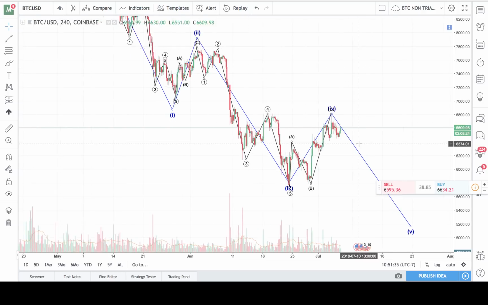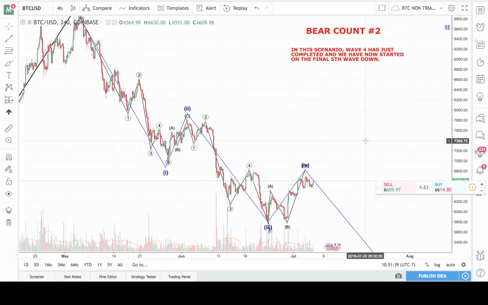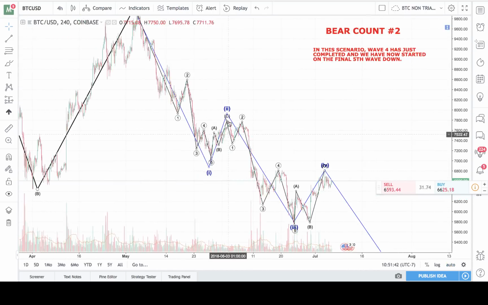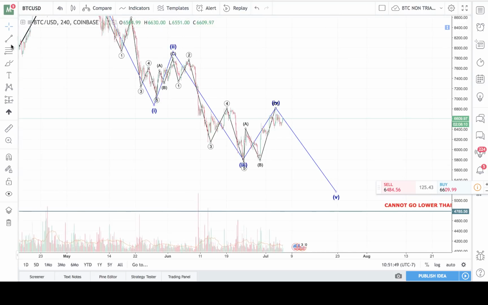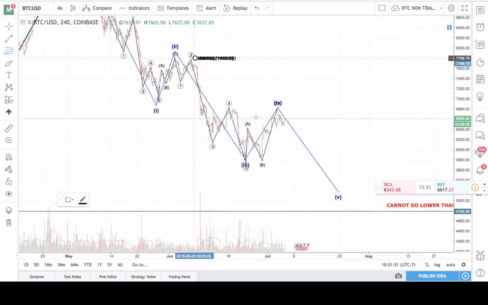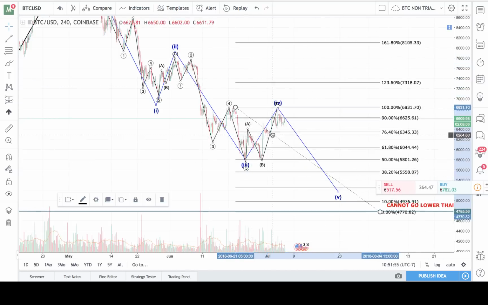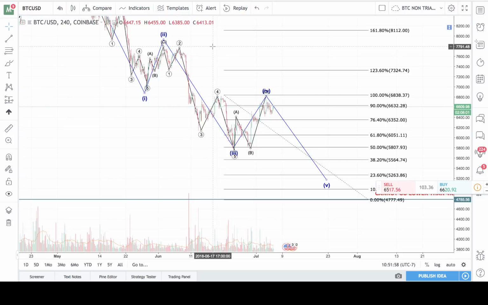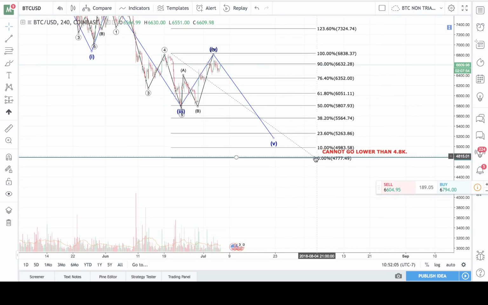Now, in our first count we can't go below 5.2. In this second count, we do still have an extended first. Our third wave is shorter than our first wave, and that allows us to make bounds for our final fifth wave. So if we take the vertical length of this third wave and project it from the end of the fourth wave, and I'll explain later why I believe this is the end of the fourth wave and why we're not going to see any higher, we can see that our fifth wave can't go lower than this level here, which is about $4.8 thousand.